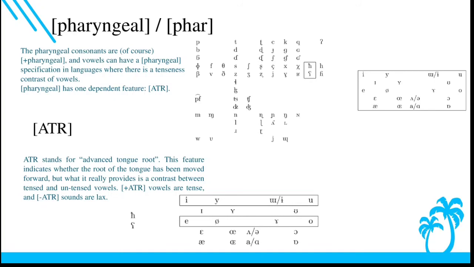ATR stands for Advanced Tongue Root. This feature indicates whether the root of the tongue has been moved forward, but what it really provides is a contrast between tense and lax vowels. Plus ATR vowels are tense, and minus ATR sounds are lax.